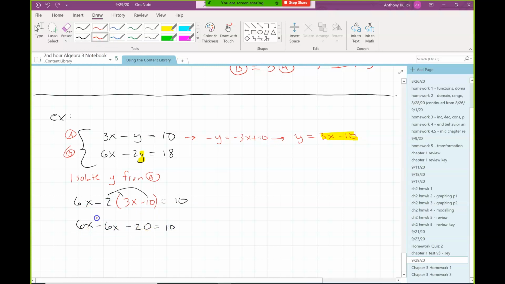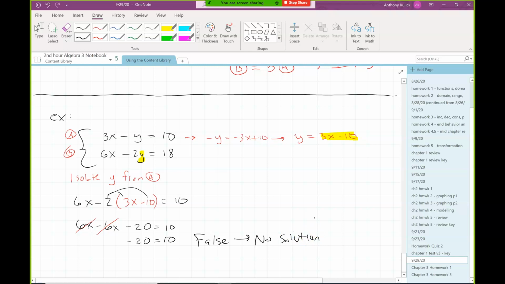And I notice 6x and -6x combine to cancel each other out, and I'm left with -20 is equal to 10. That's a false statement, right? -20 is not equal to 10. So that just tells me that there's no solution.